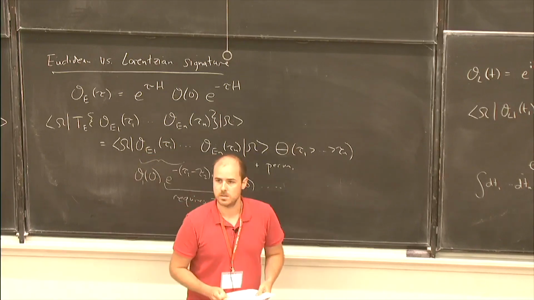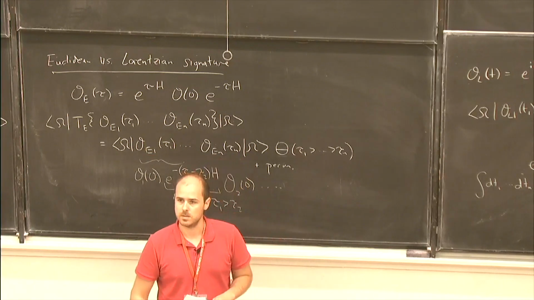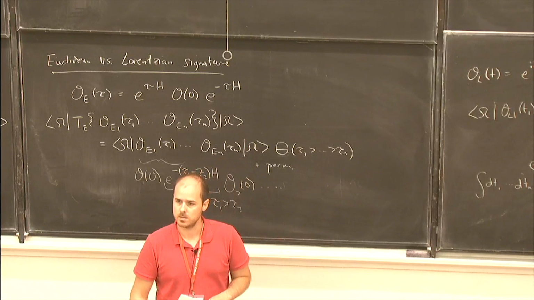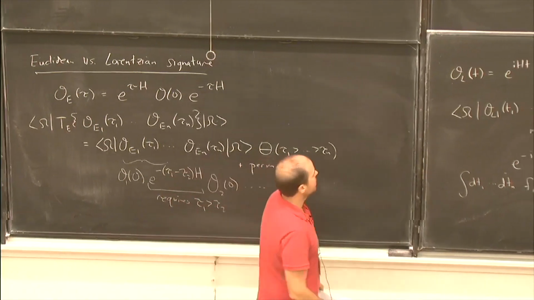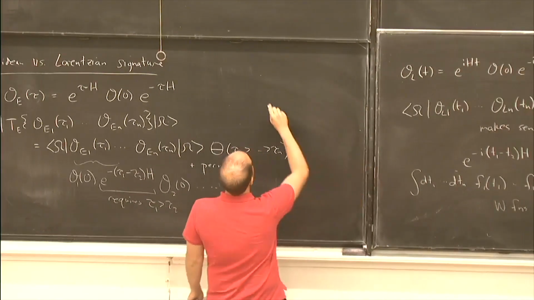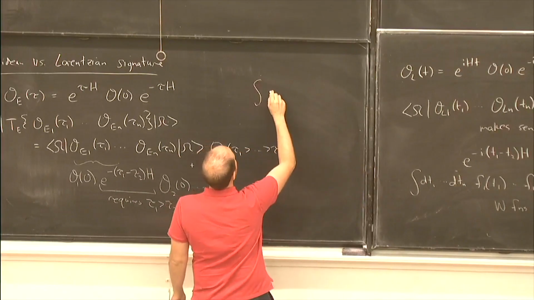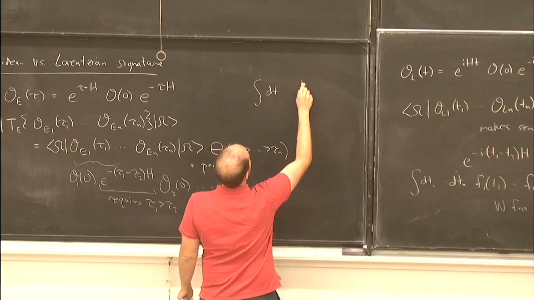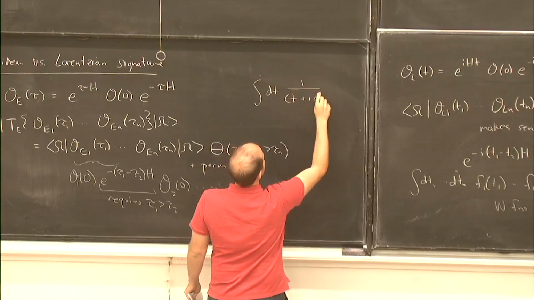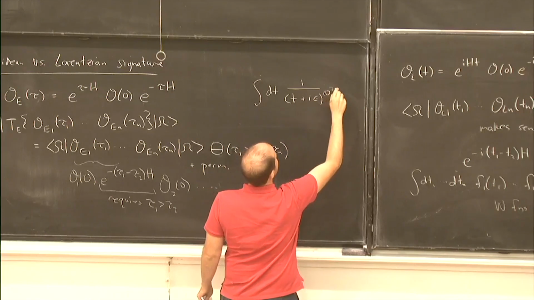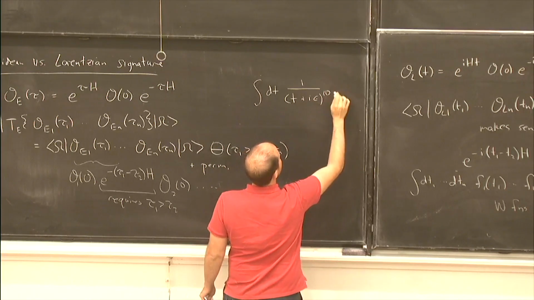But in practice, since you have this i epsilon prescription to integrate, this statement does not limit the strength of the singularity when two times collide, right? It can be a very strong singularity, but when you smear, the thing you're encountering is something like the integral dt of 1 over (t plus i epsilon) to the 10 to the 20, 10 to the 90.